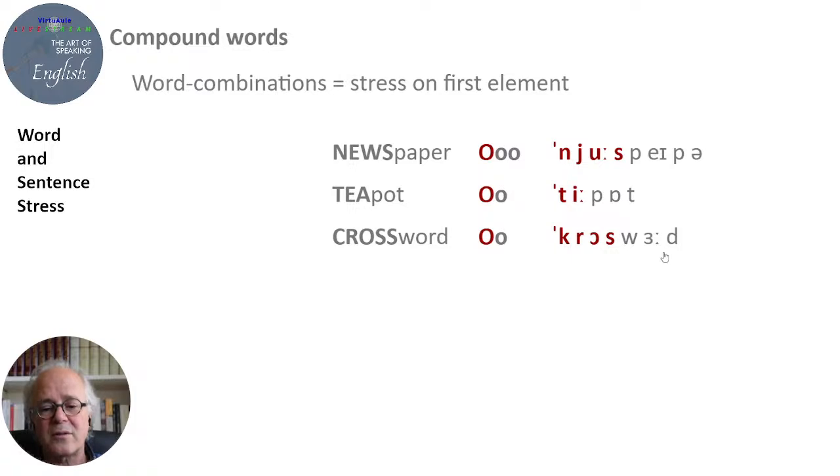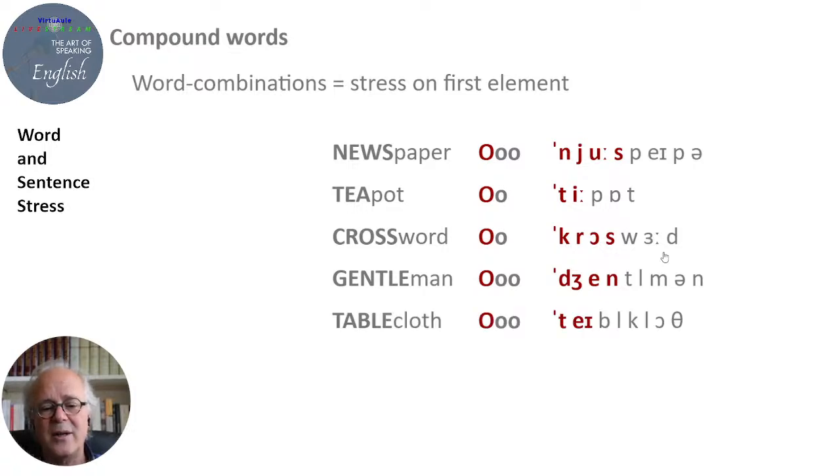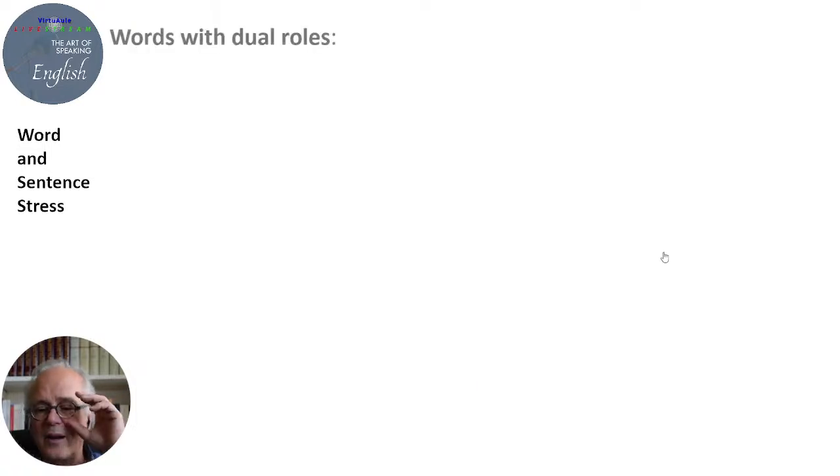Crossword, the first syllable cross, which is the word. Gentleman, we have gentle as the first element. Tablecloth, stressed on the first element. Fundraiser, first word.